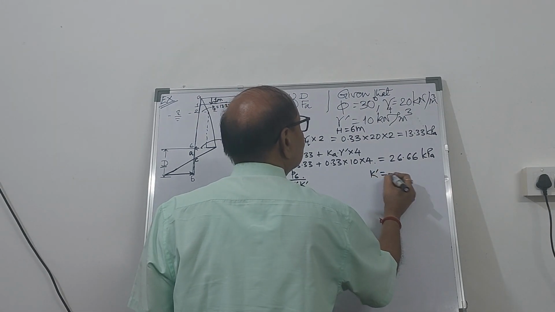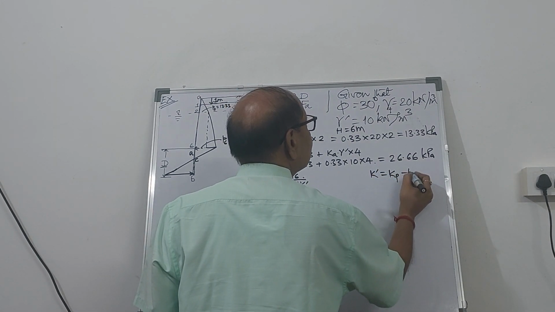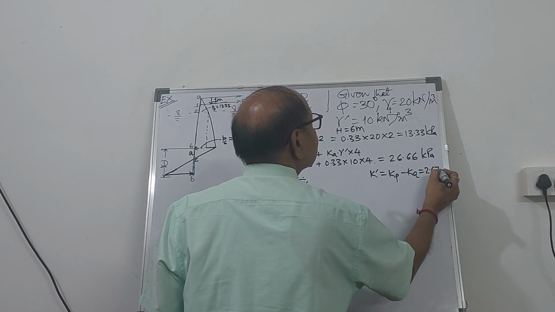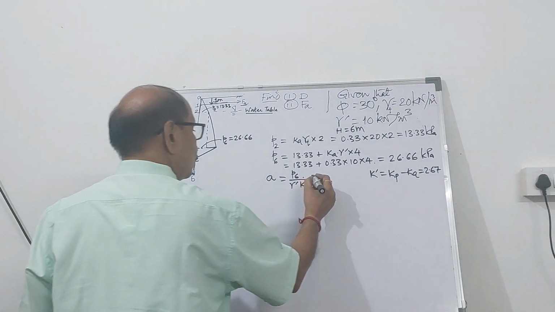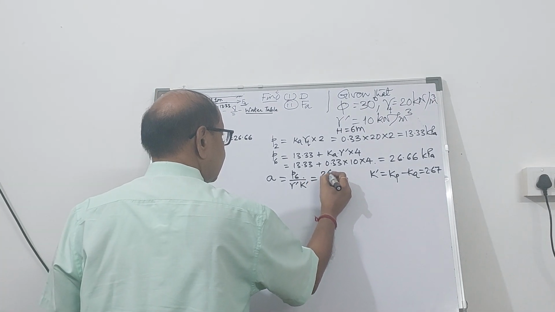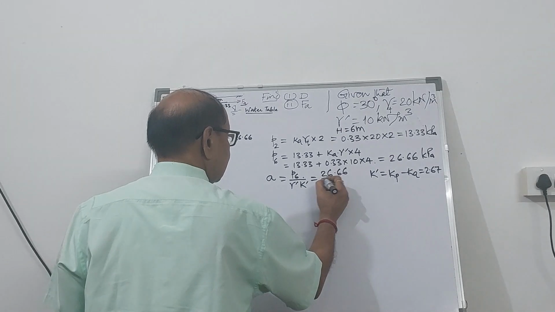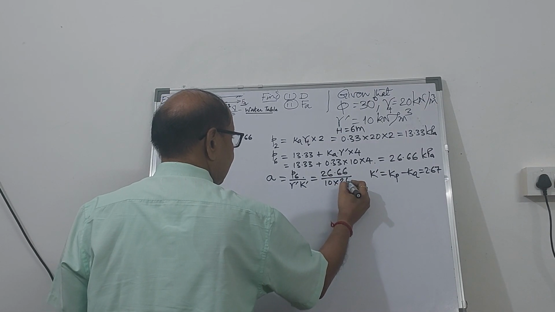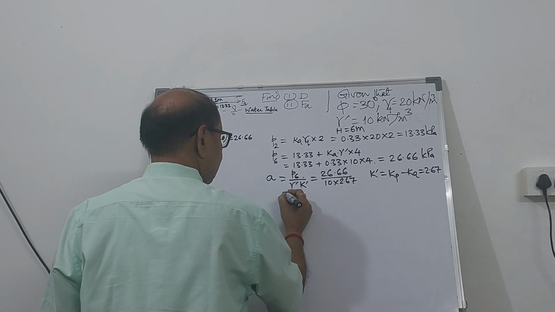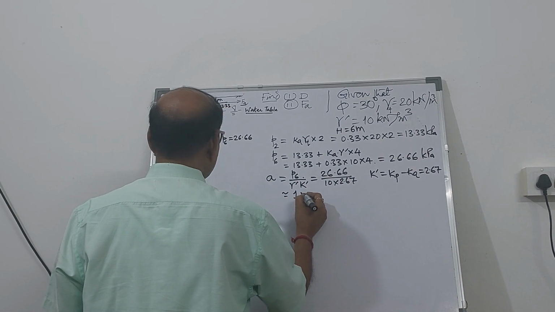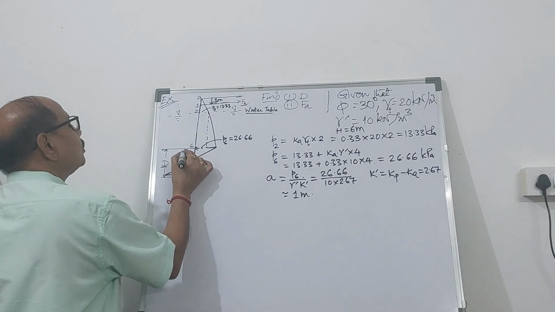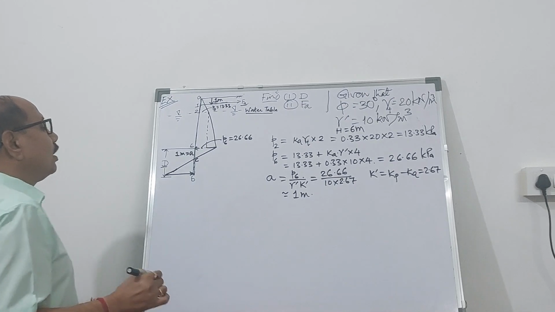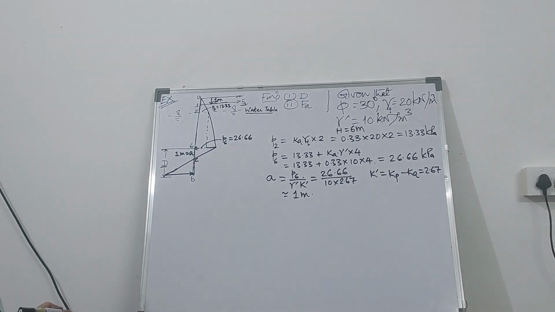K prime becomes Kp minus K. This becomes 2.67. So you can calculate 26.66 divided by 10 into 2.67. This is almost equal to 1 meter. So A equal to 1 meter.